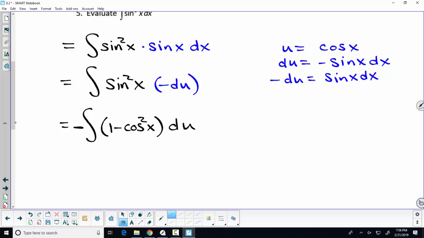Really, everything in this depends on what we split off. We refer back to our u substitution for the integral to determine what we have to rewrite. So now that's in terms of our u substitution. This is negative antiderivative of 1 minus u squared du.